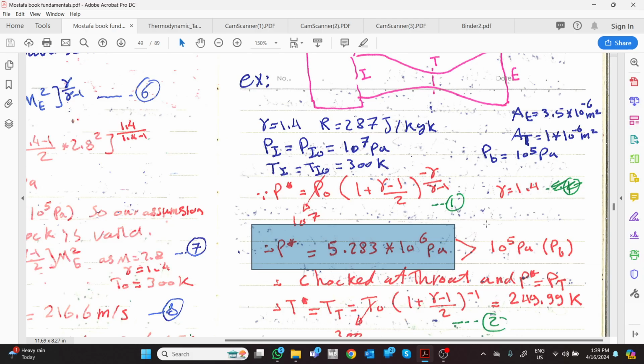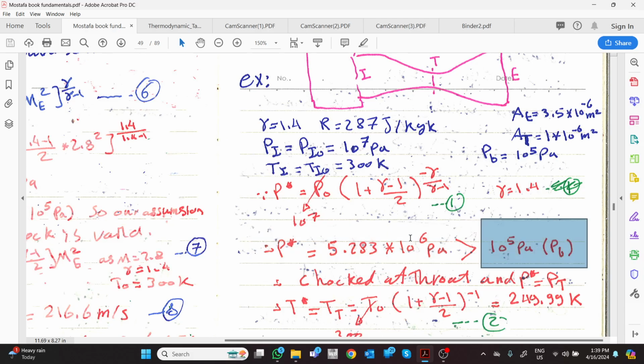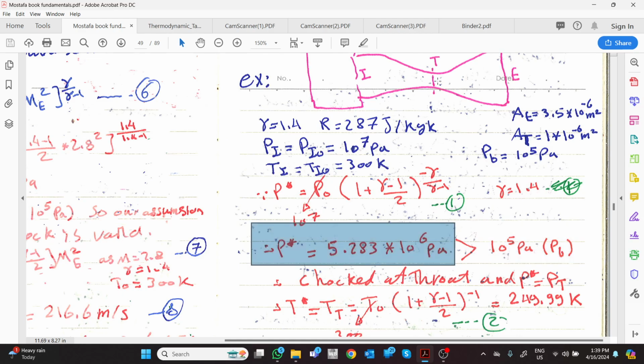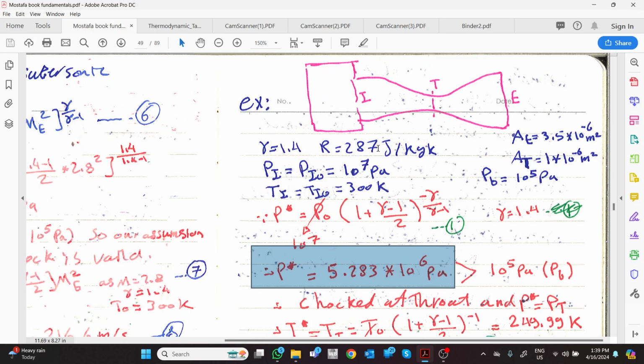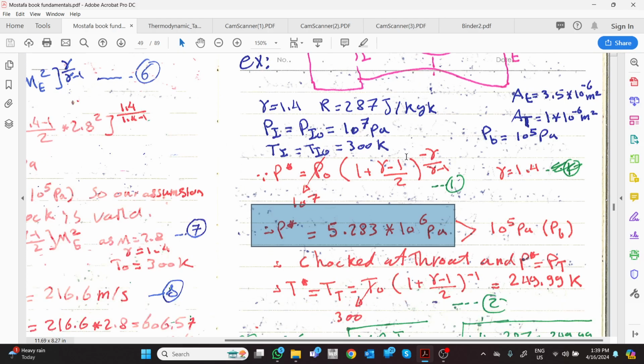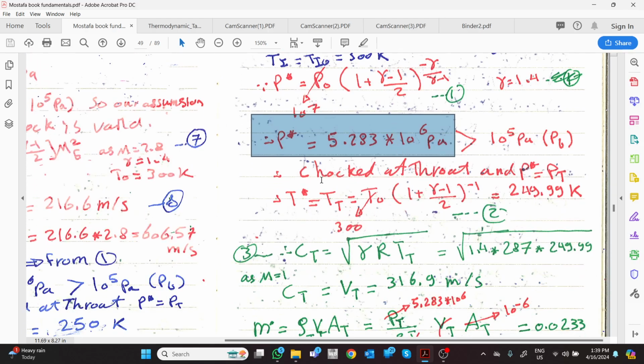We know that the back pressure is less than P star, which it should be, so the flow rate will go and reach P star. So it will be choked at the nozzle first. Second, the pressure at the throat will be P star. It cannot go less.